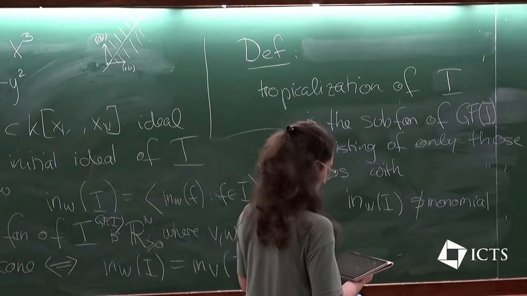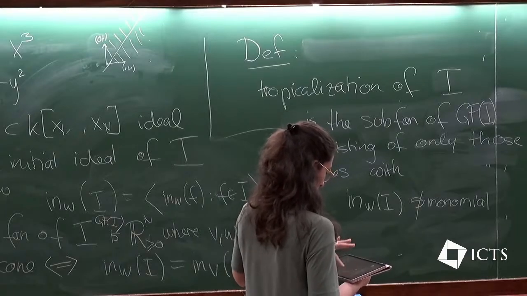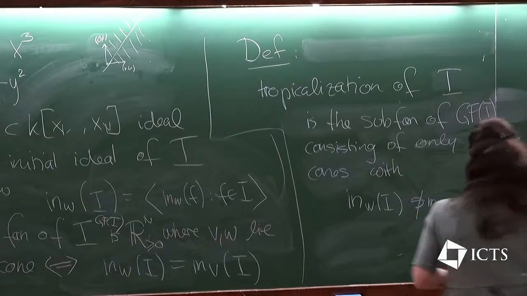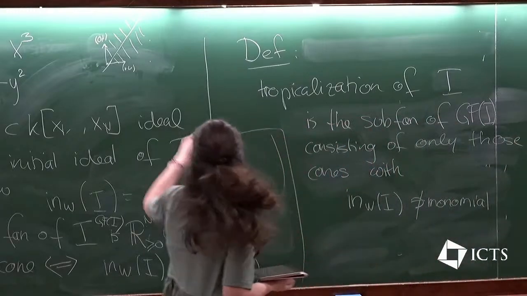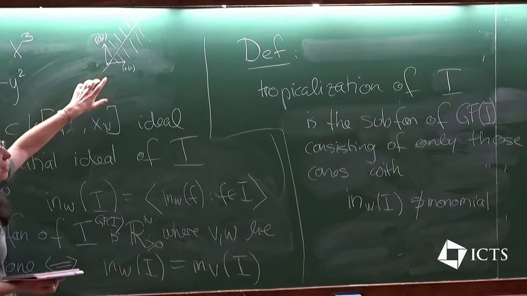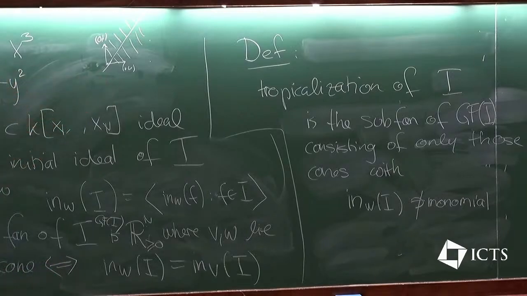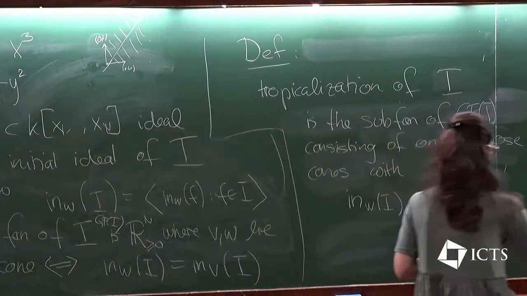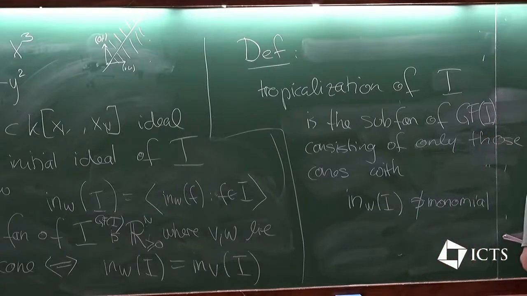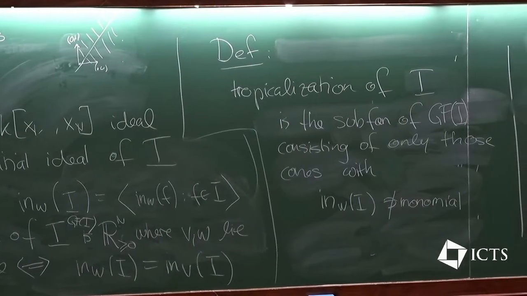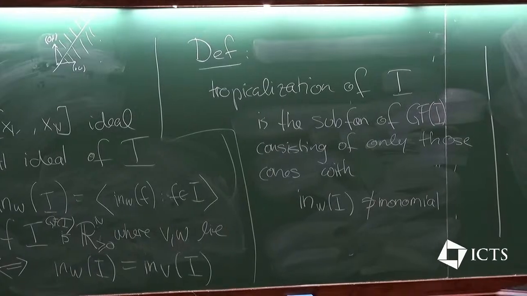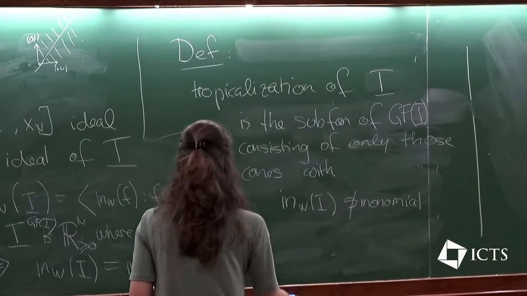So let's do an example. In this case, as my ideal is generated by just one binomial, there is no initial form that I can take to still have this condition. Right, so maybe one fact.